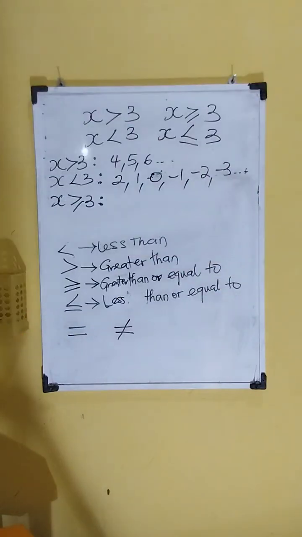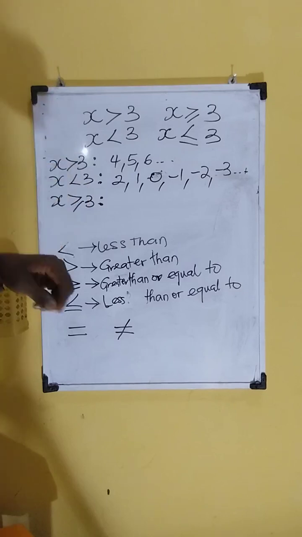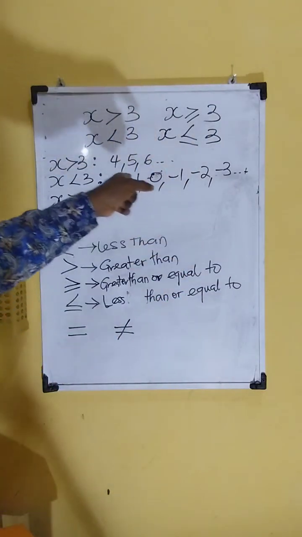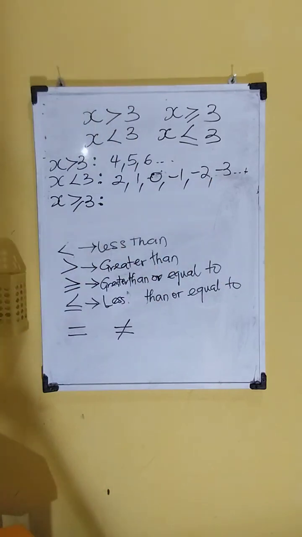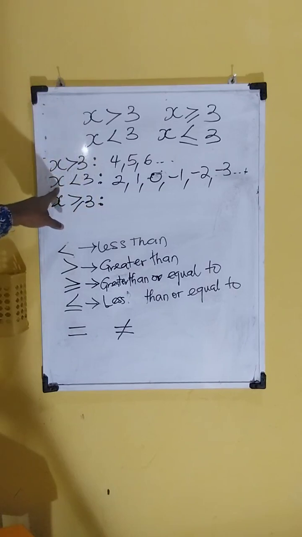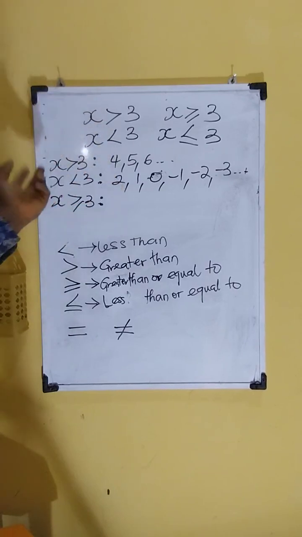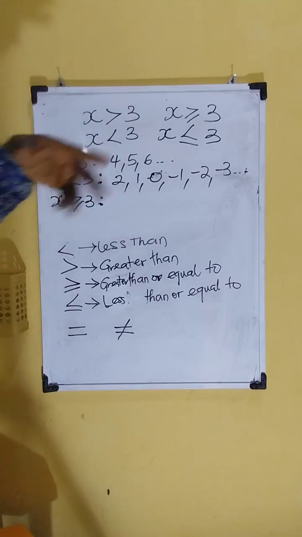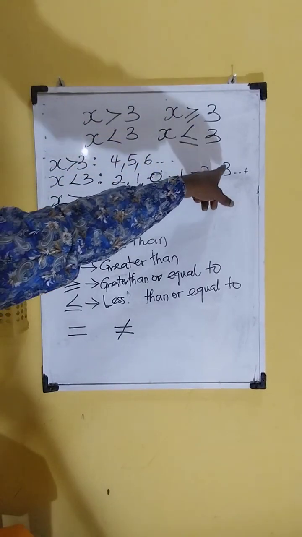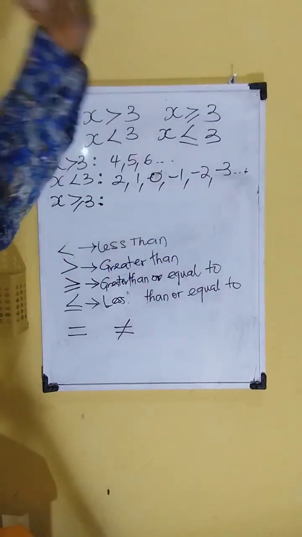It keeps going. Now, when they say it is less than 3, it means the number that is before 3 and downwards. So any number that is below 3, it could be x. So x can either be 2, it can be 1, x can be 0, x can be minus 1, minus 2, minus 3, minus 4, minus 5.